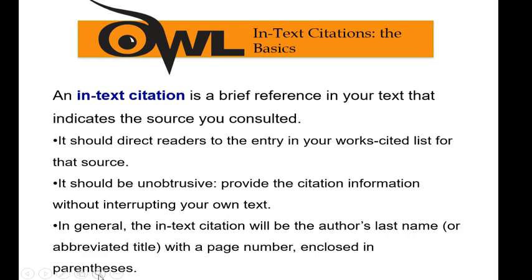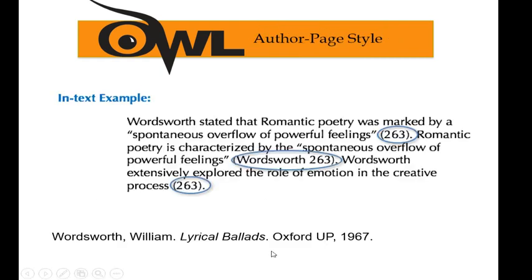As you can appreciate here, there's a difference between the APA style and the MLA style. Remember, when you use the APA style, you use the author's last name, and in parentheses, you include the year of publication, right? But in this case, in the MLA style, in parentheses, you don't have the year, but you have the page number. And we are going to see it through this example.